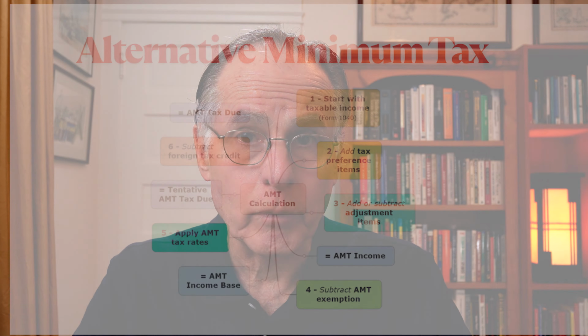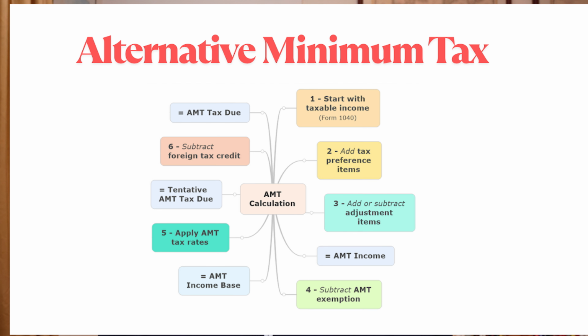Now, the reason I just said regular tax liability is because there's a second calculation referred to as the alternative minimum tax. That tax calculation starts with your taxable income from Form 1040, but adds back or takes away certain write-offs, exempt dollars, and excluded income before applying an AMT standard deduction. From that number, the AMT tax rate schedule is applied.